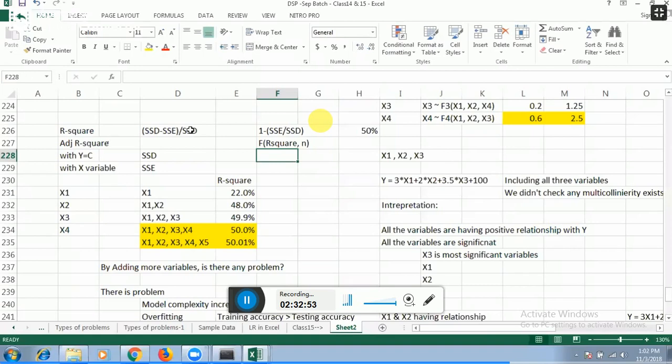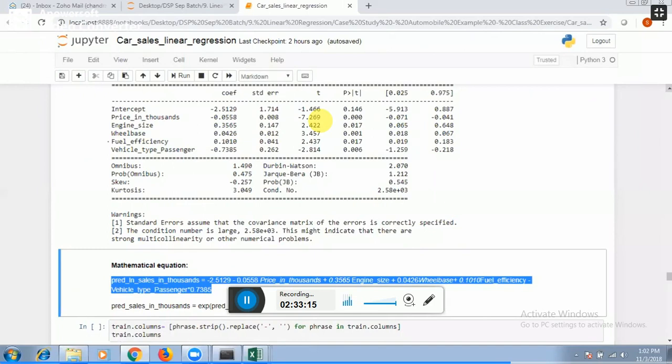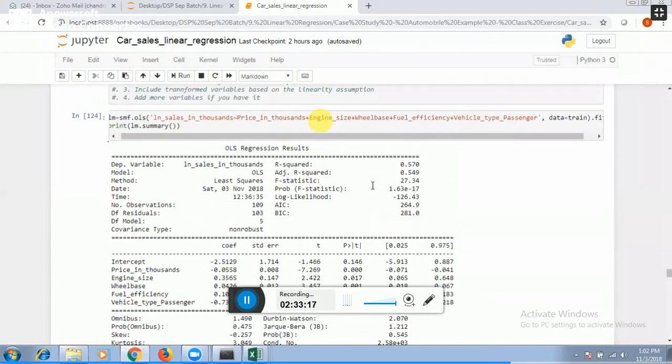By adding one more variable, if you are adding a good amount to the R square, then the variable is good. If a good amount is not being added, that means you are adding a penalty. By adding one more variable, you are reducing the accuracy. That is what the adjusted R square does. So generally the adjusted R square will be lower than R square.